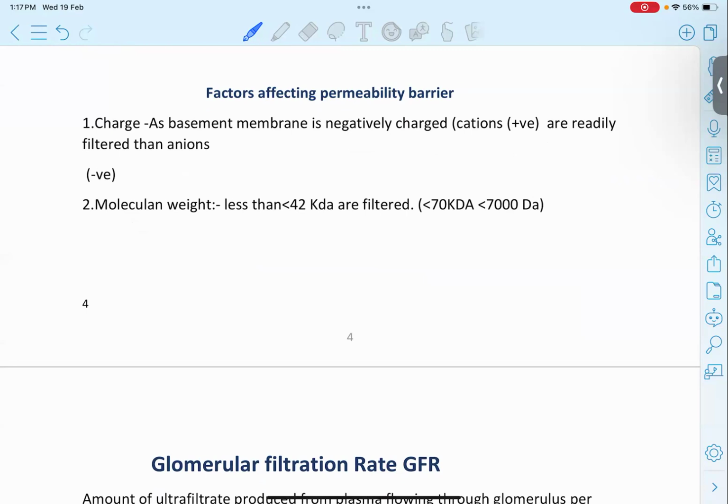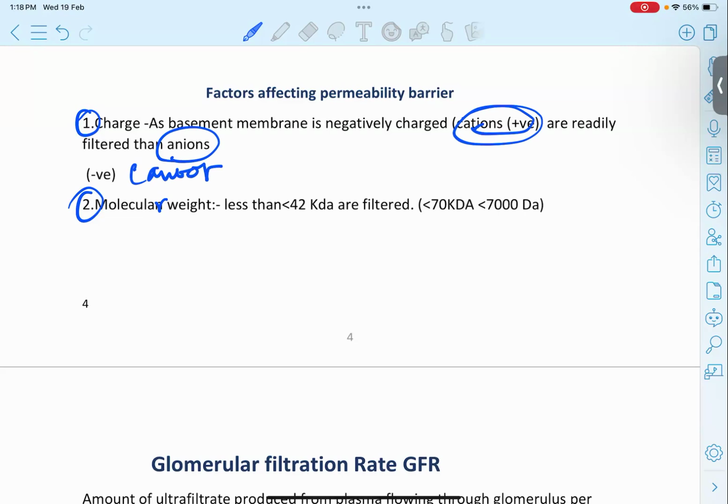That will depend upon two things: one is the charge, another is the molecular weight. So charge, we have already discussed that the basement membrane is negatively charged, so cations or positive ions can get easily filtered, but the anions or negatively charged ones cannot.